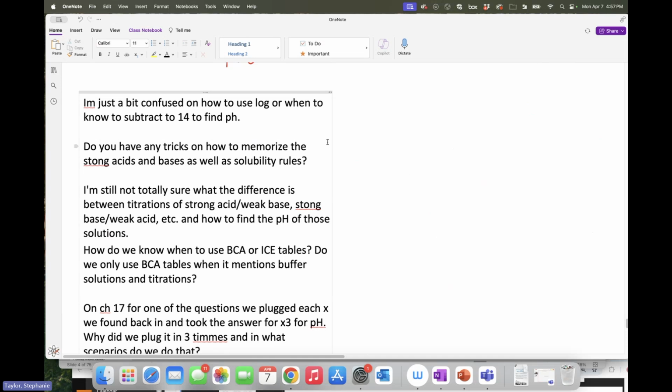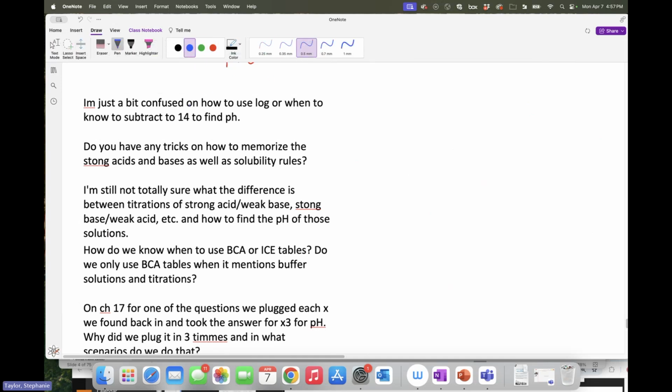Okay. So a couple things from my class. How to use log or window to subtract to pH, subtract 14. We did talk a little bit about this as the review was going on.